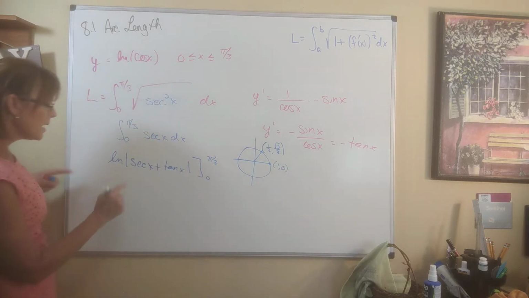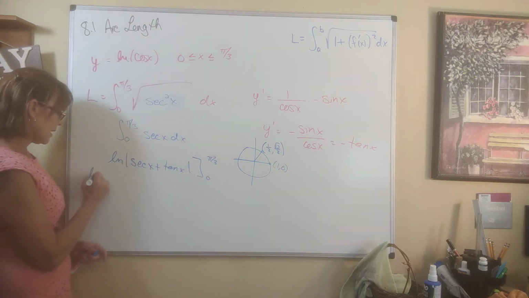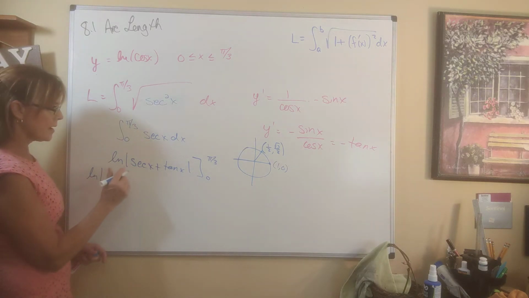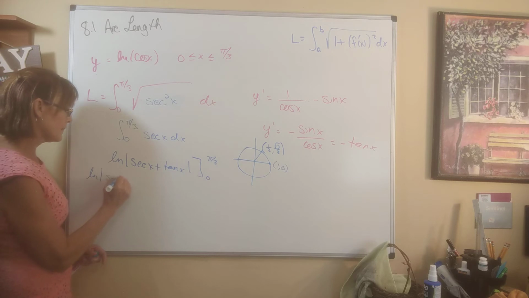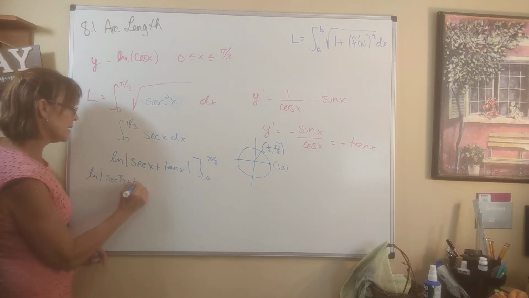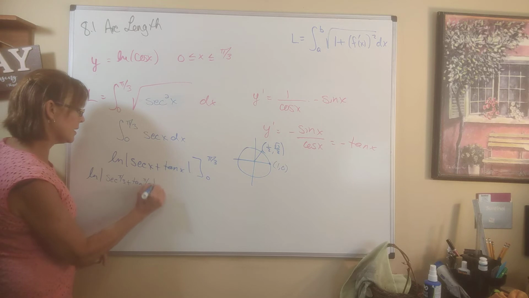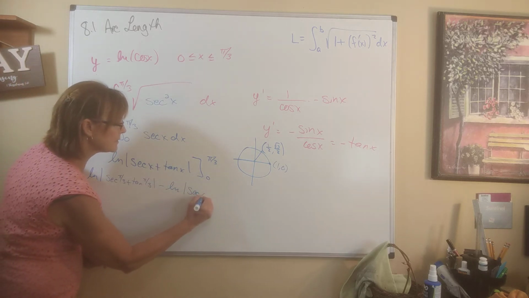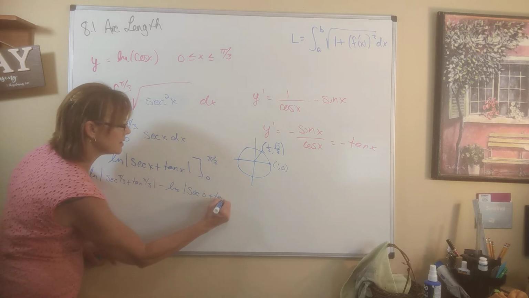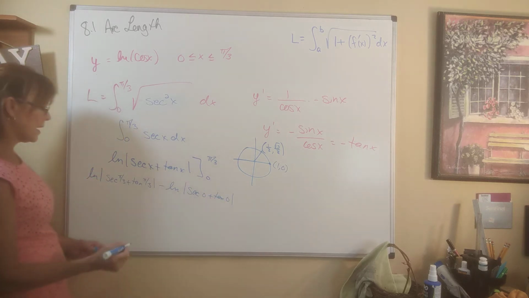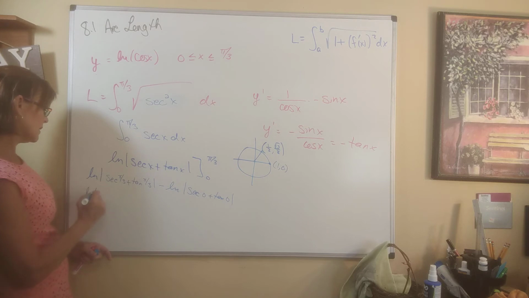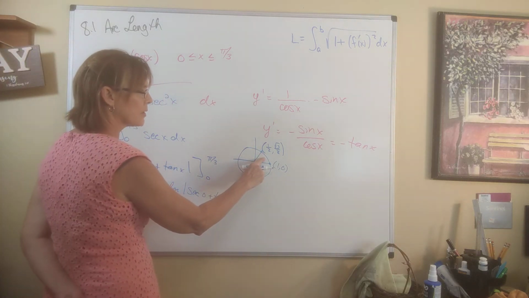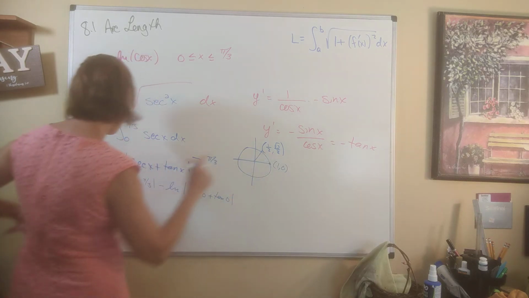All right, so this becomes the natural log of the absolute value of the secant of pi over 3 plus the tangent of pi over 3, minus the natural log of the absolute value of the secant of 0 plus the tangent of 0. All right, let's see what happens. The secant of pi over 3 is the reciprocal of the cosine. The reciprocal of 1/2 is 2.